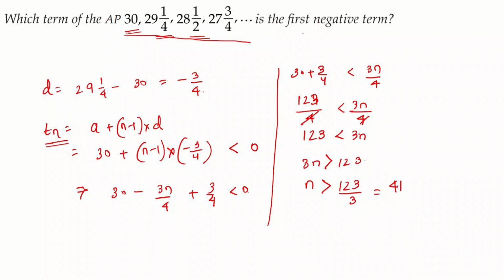But the question asks us to find the first negative term. So this is the meaning of n greater than 41. That means from 41 and afterwards, all of these terms are negative, and the 41st term is actually the first negative term. So you can write your answer as the 41st term is the first negative term. That's it.